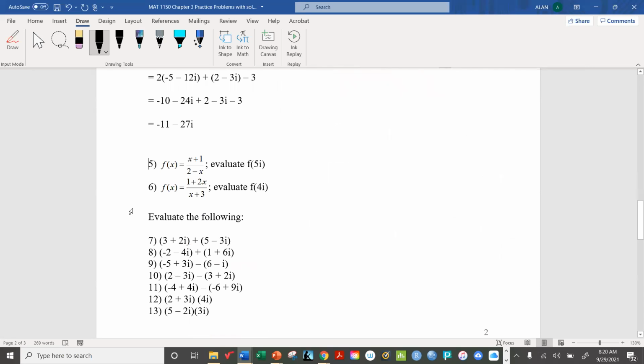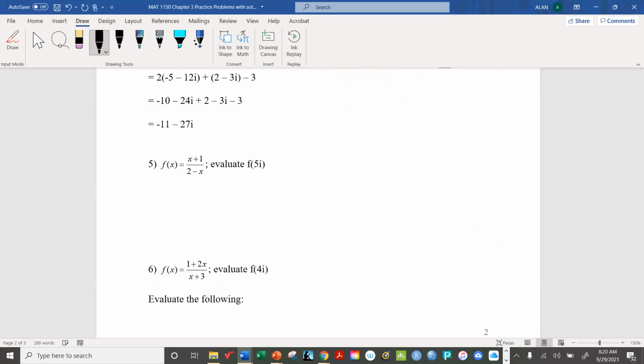Yeah, okay. Well, this one's going to be a little bit messier because they involve ratios. So the first thing we do is, of course, evaluate it. But when we're done, we're going to have to take one more step. So we'll have (5i plus 1) over (2 minus 5i).